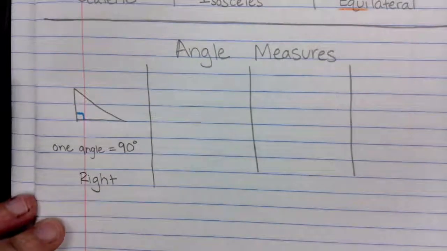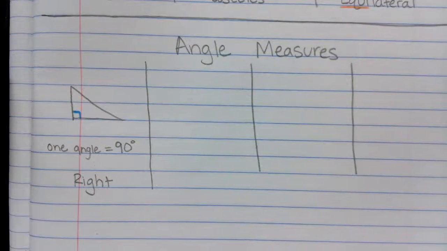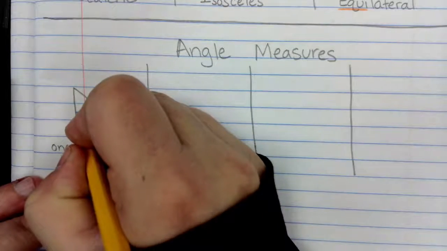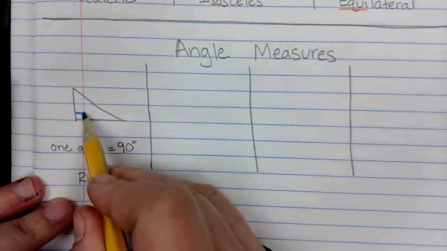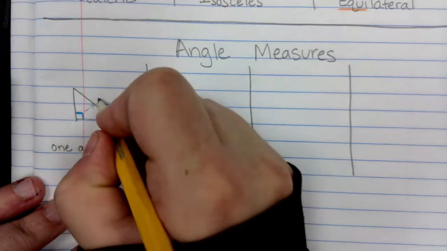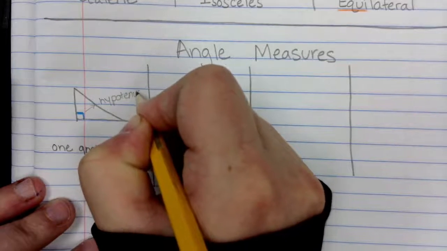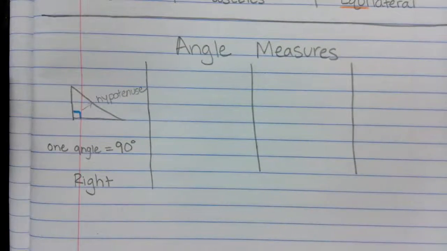In a right triangle, we have some specific parts about the sides. Does anyone remember what one of the sides is called in a right triangle? Yeah, the hypotenuse. Across from the 90-degree angle is always the hypotenuse.